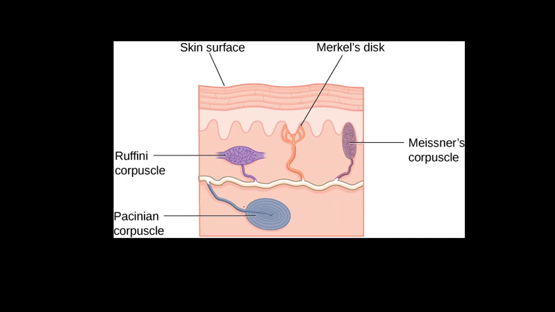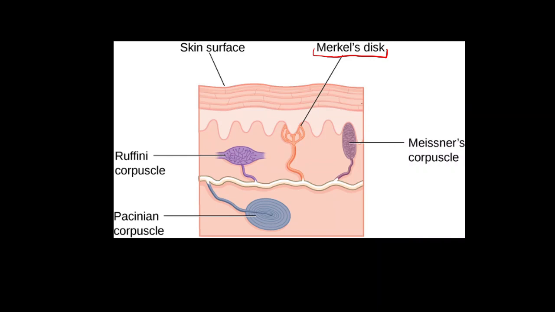So you should know the structure of the Pacinian corpuscle, the Meissner's corpuscle, and also there exists the Merkel's disc. You probably know the Merkel cells. Merkel cells are cells in the basal layer of the epidermis, very light cells that look like melanocytes.